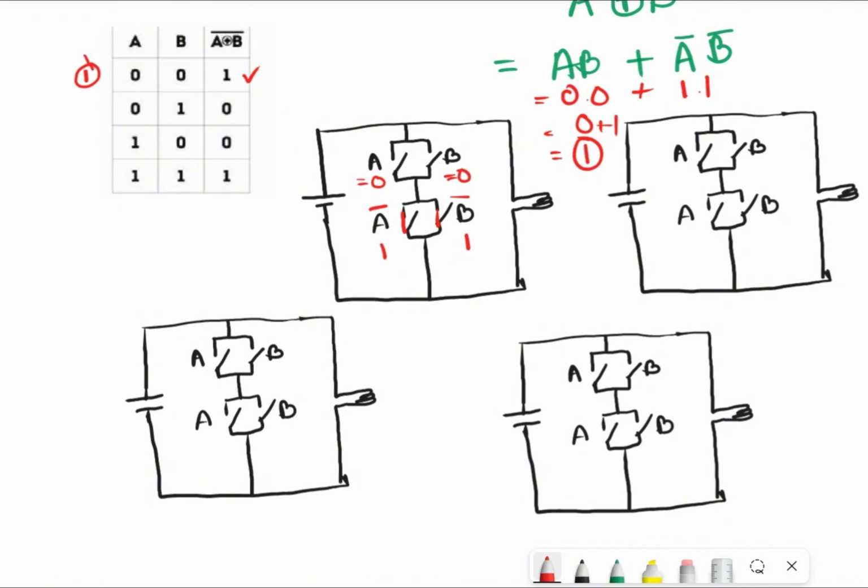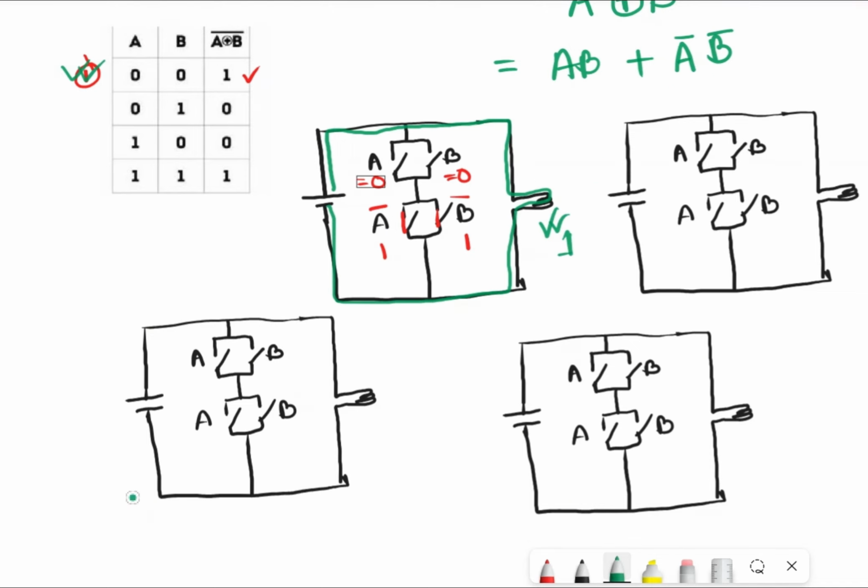Indeed, the current will flow from the potential source or power source or voltage source here. It will go through this direction, then the light, and as it is a closed circuit, this cycle has completed. It means the output will be 1.